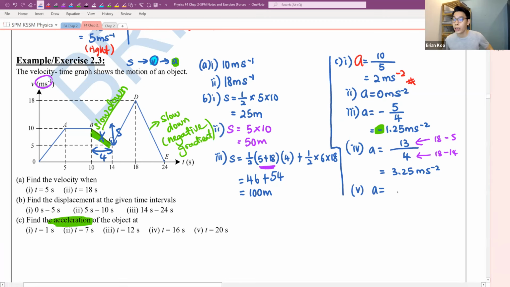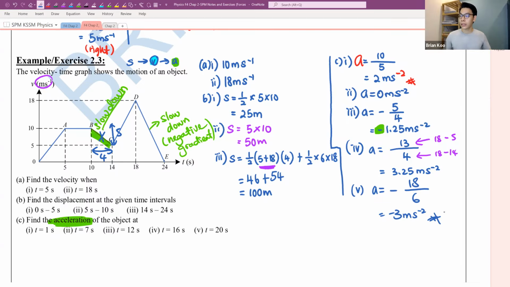Okay, negative gradient again, put in the negative yourself. Y distance is 18, x distance is 6. Remember to just do y2 minus y1 over x2 minus x1.